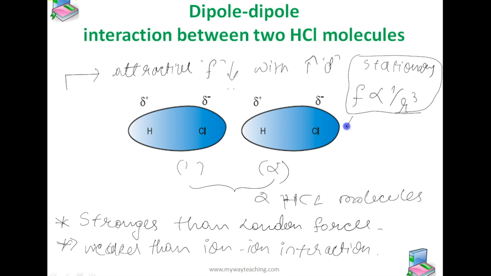And for rotating polar molecules, it is proportional to this one, where r is the distance between the polar molecules. Besides dipole-dipole interaction, polar molecules can interact by London forces also. The cumulative effect is that the total of intermolecular forces in polar molecules increases. So this is about the dipole-dipole forces.